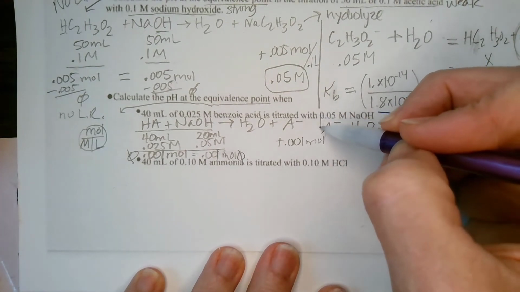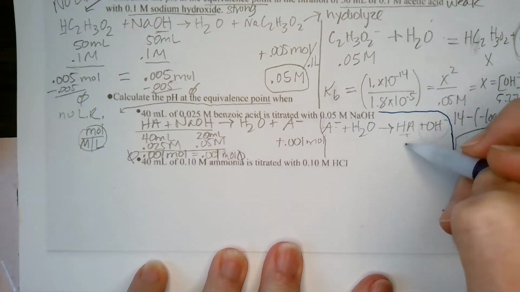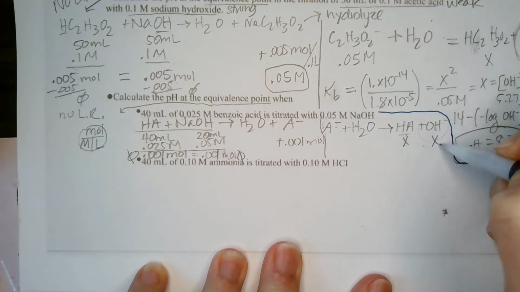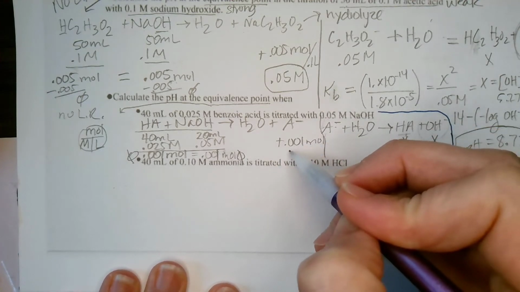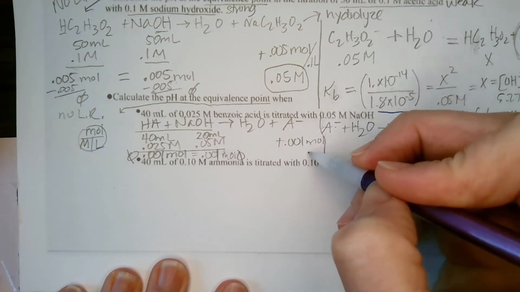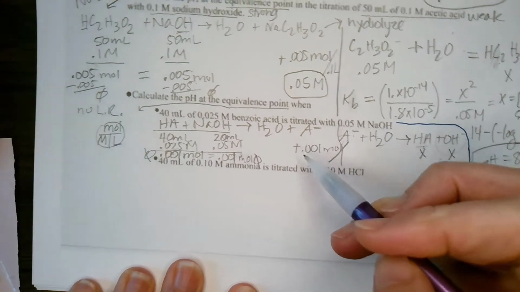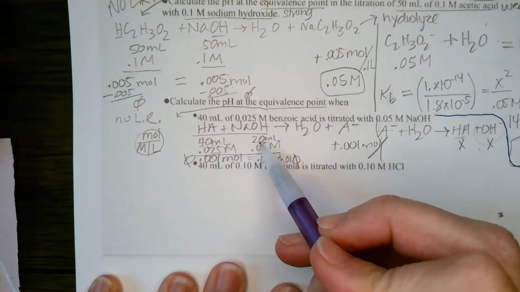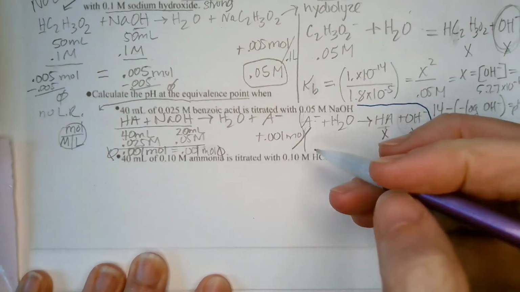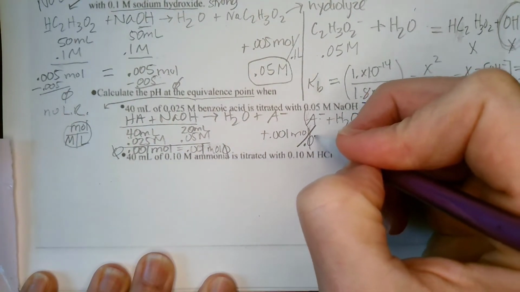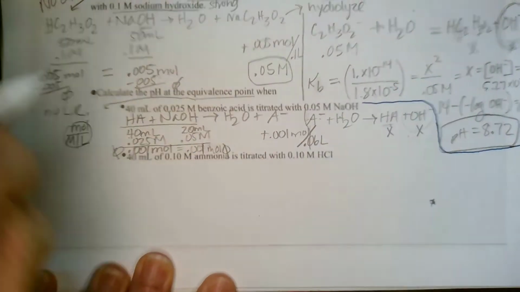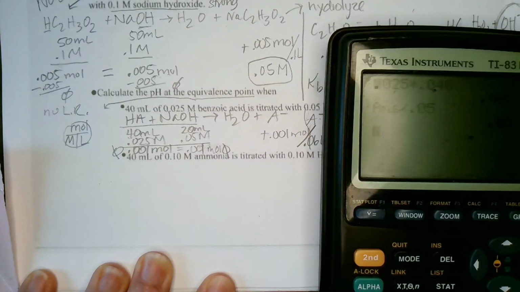So similar to the last one, I don't know what this concentration is, I don't know what that concentration is, but we do know our A minus from over here. We had 0.001 moles. Now let's figure out this concentration though. I had 40 milliliters plus 20 milliliters, which is 60. So that would be 0.06 liters. So let's do our 0.001 divided by 0.06.